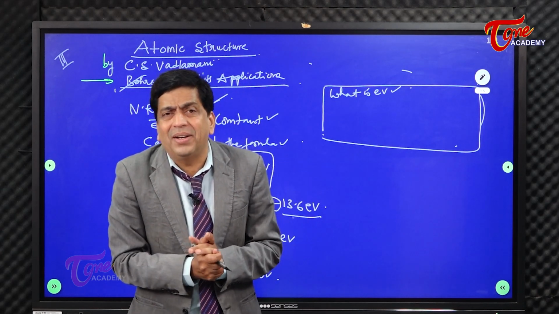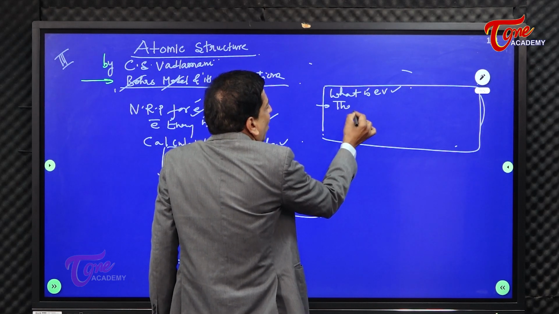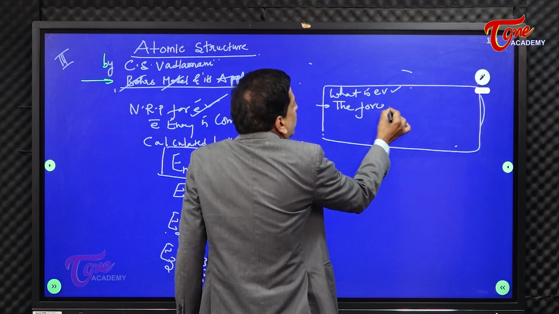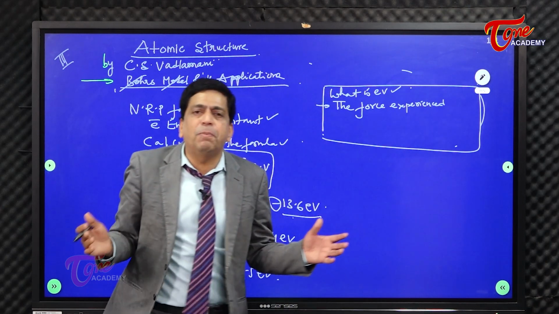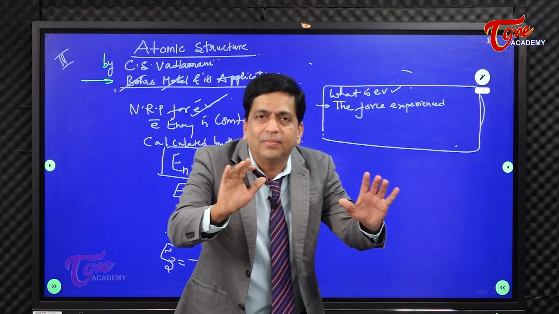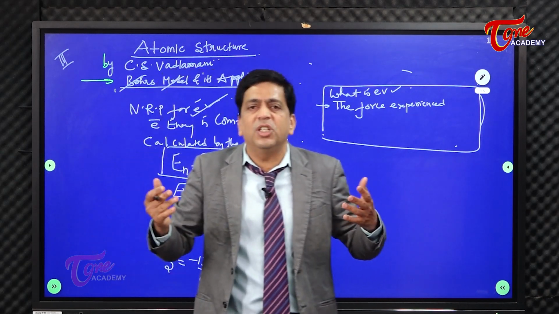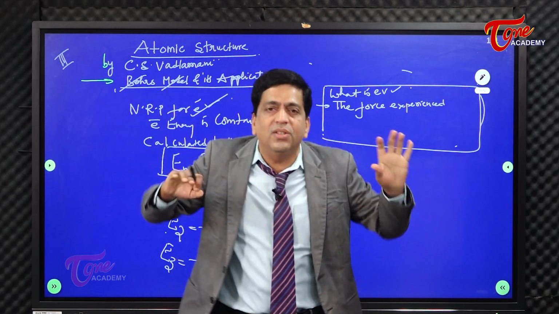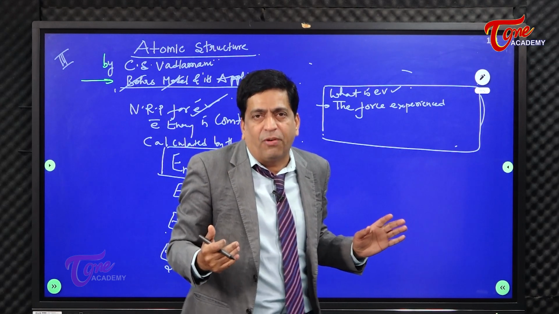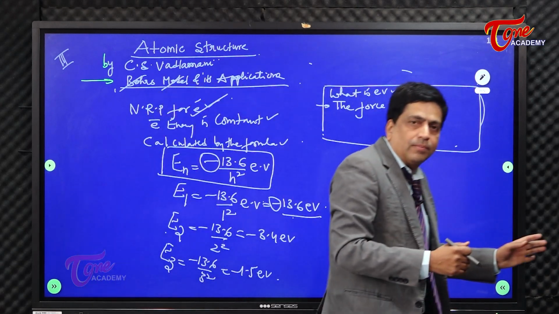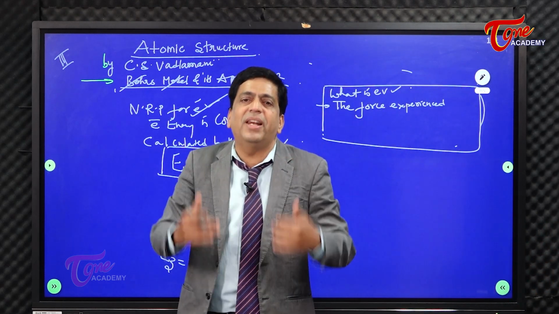Understand one point: the force experienced. Someone is actually pushing you. When someone pushes you, you experience the force. Experience means you're not dancing at the same point. Someone is pushing you, you're experiencing the force, then you actually move. You're not experiencing the force remaining at the same point.